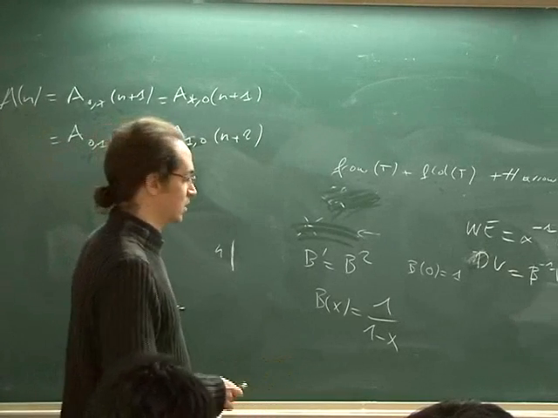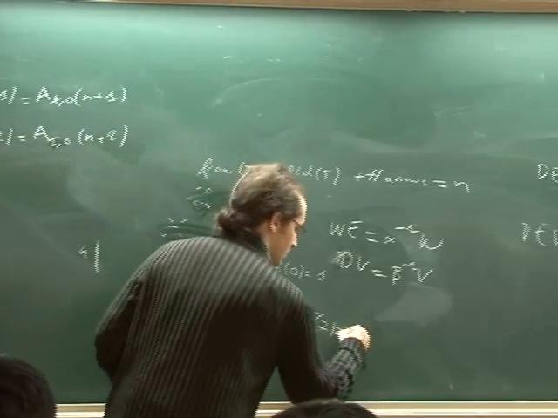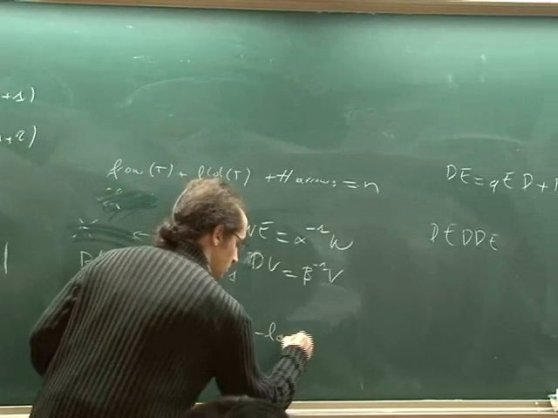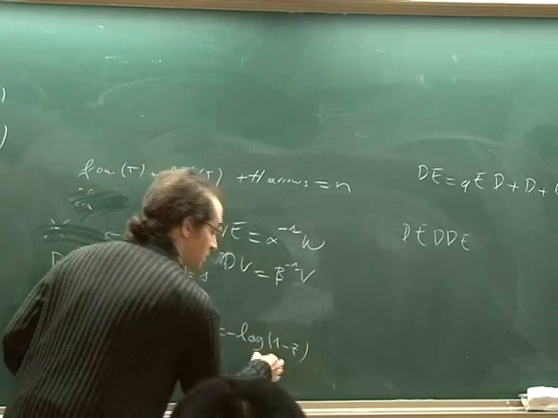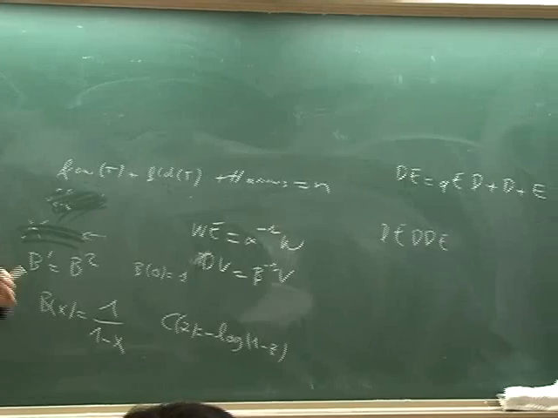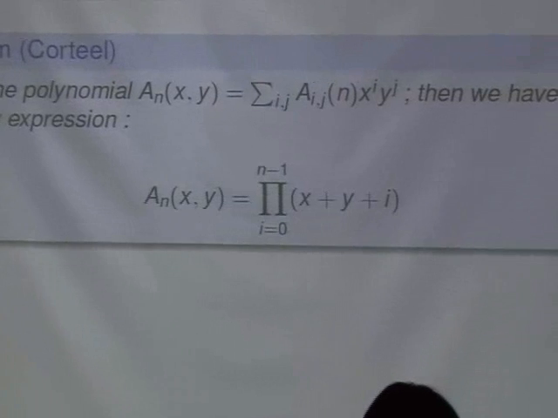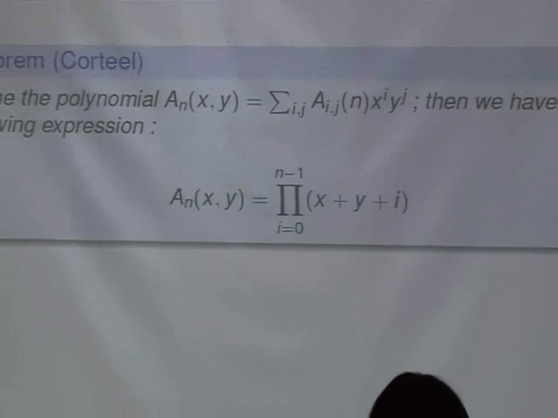So you can also find the same way that C of z is equal to minus log of 1 minus z. You can check that this is the solution to the other differential equation. Write them down because I think I will need them later. Some other things you can do is take into account some refined enumeration, the number of free rows and of free columns.